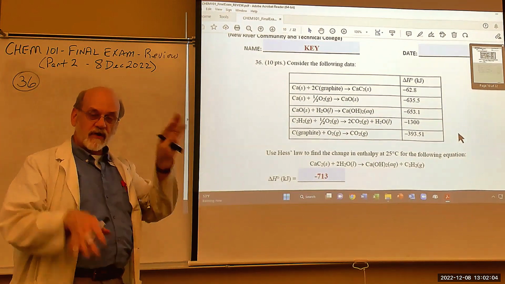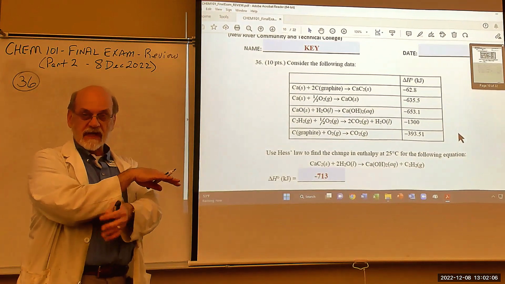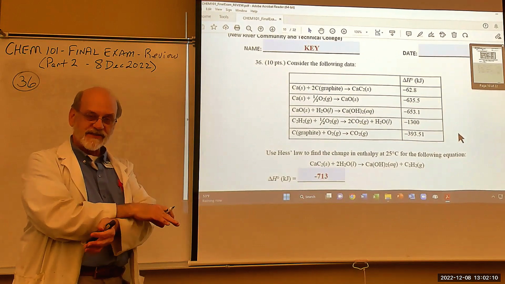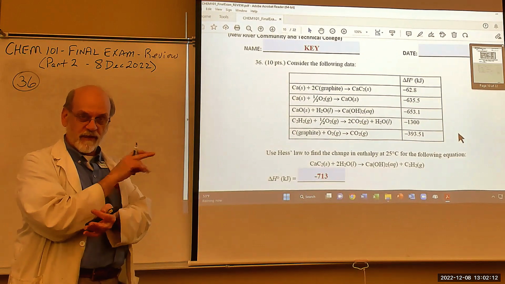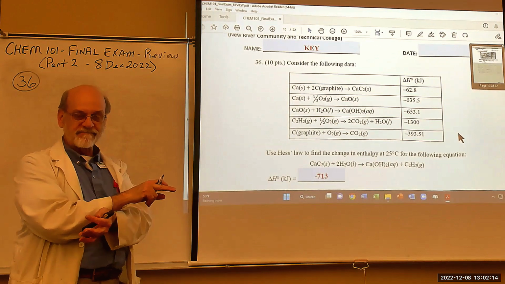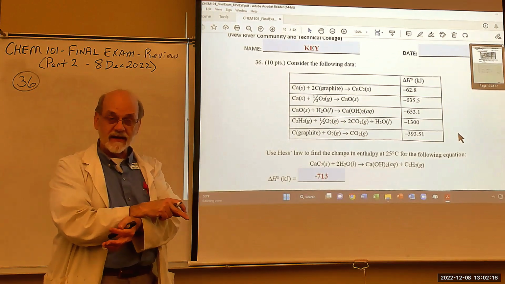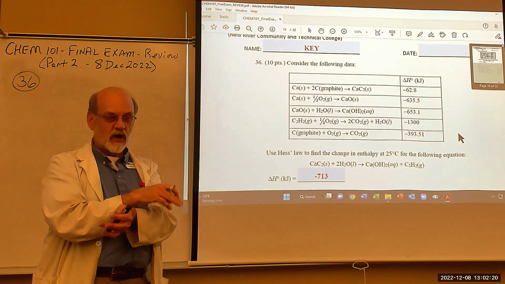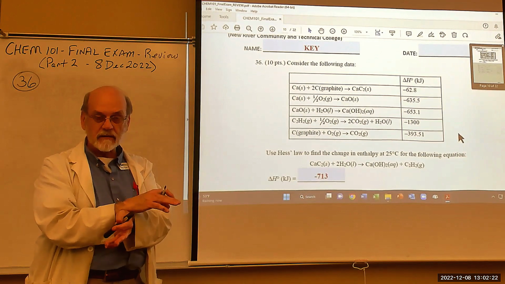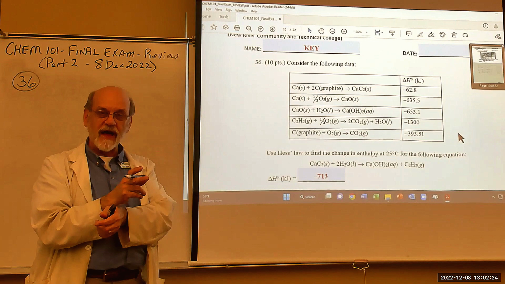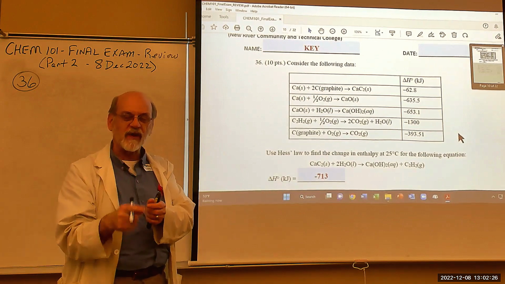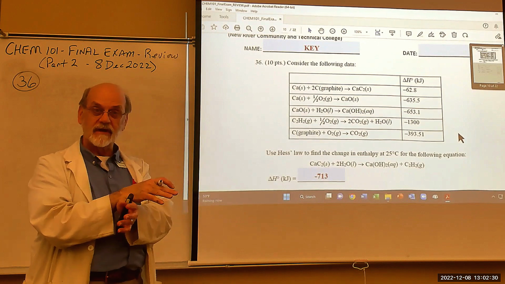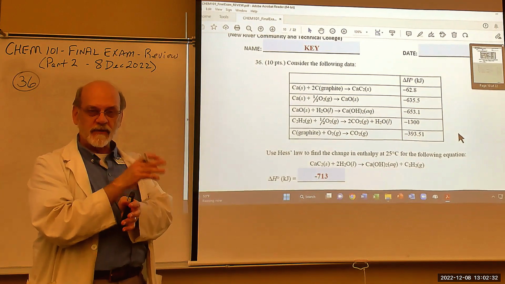If we have to flip an equation to get reactants and products on the proper side, you change the sign on the enthalpy for that reaction. If we have to multiply the reaction by some number, whole number, fraction, doesn't matter, that same multiplier is multiplied by the enthalpy for that reaction.